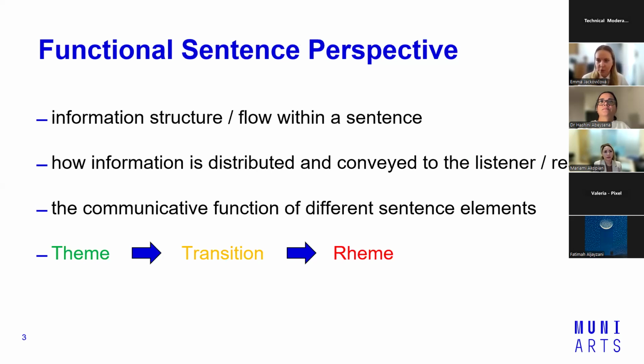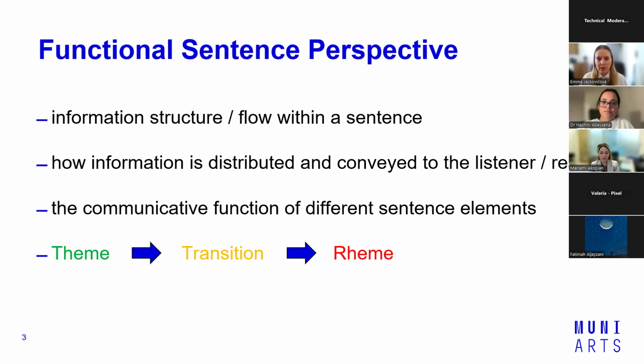The theme, which will be color-coded green also in the next slides, contains known information. Transition, which is yellow-orange, connects the theme to what follows next, so it carries a medium level of information. And the rheme introduces new or context-independent content, so it's the element that moves the communication forward.